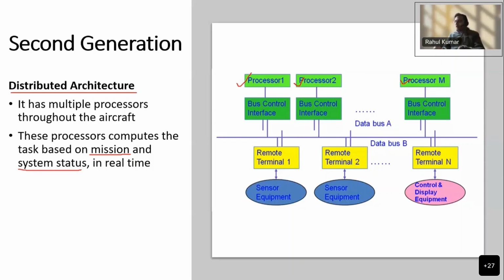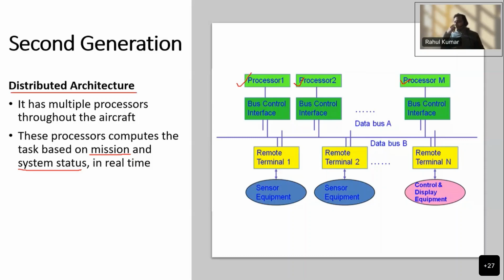But now, to send the processed data, you can reduce the number of data buses. So this architecture reduces the use of data buses or wires, which further reduces the operation cost of the aircraft, and it also improves the response time.